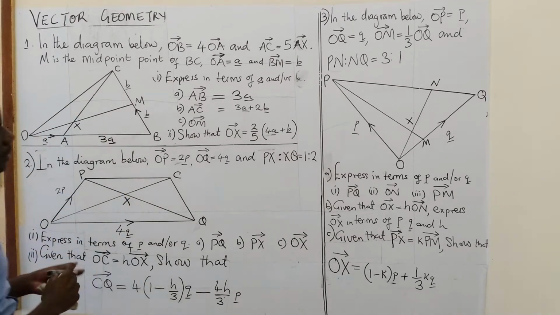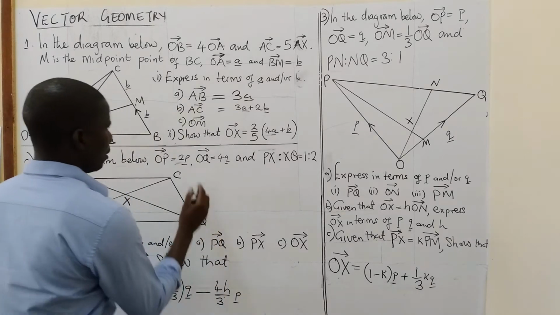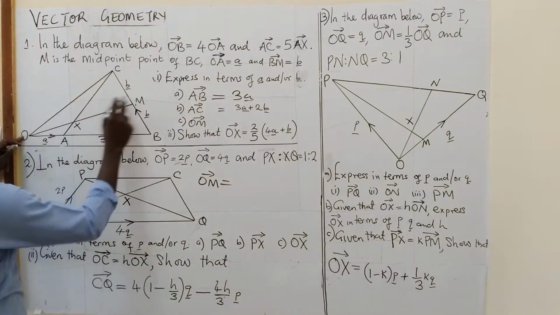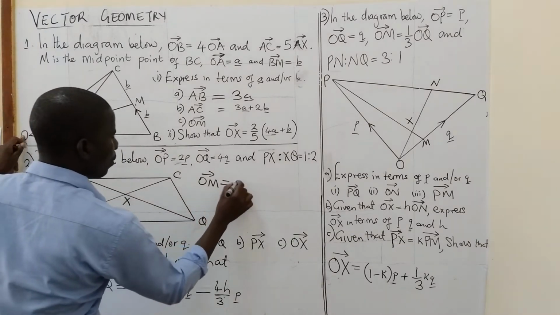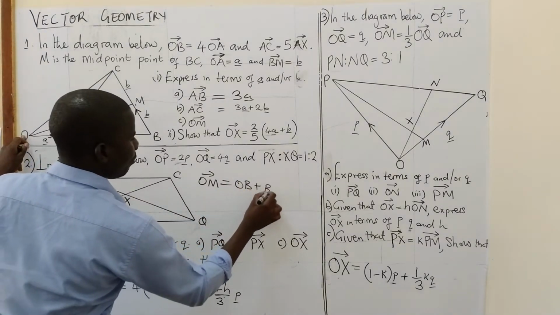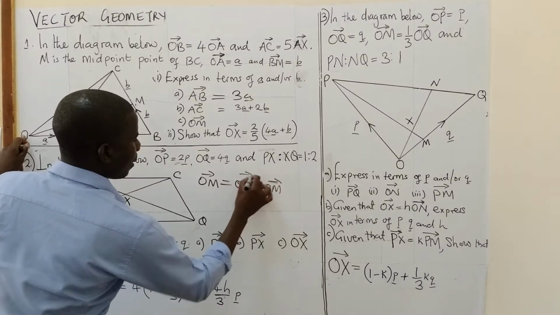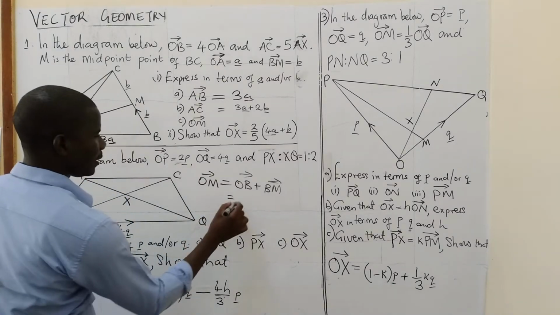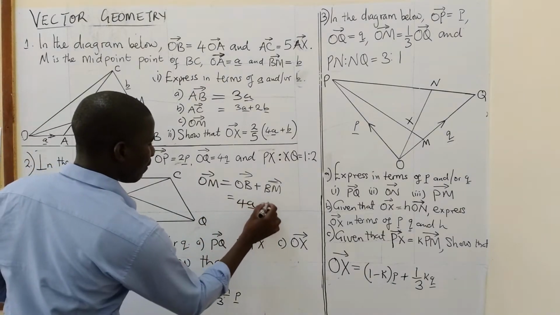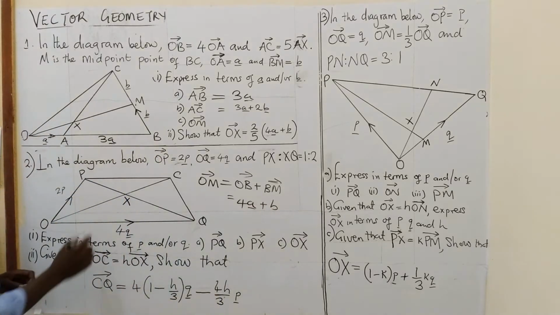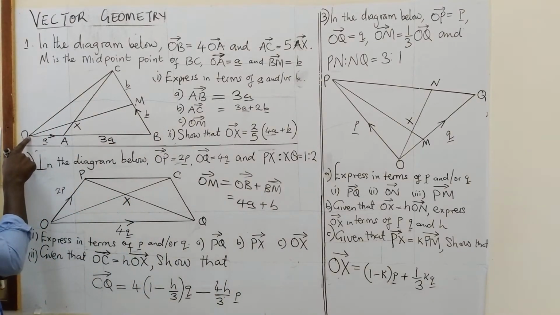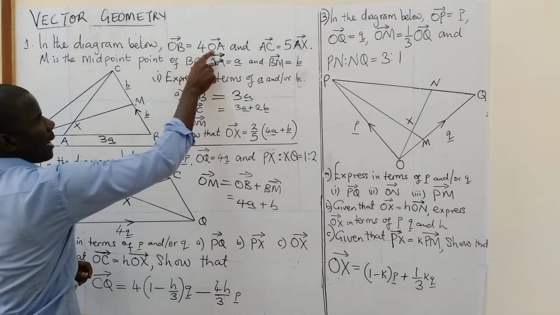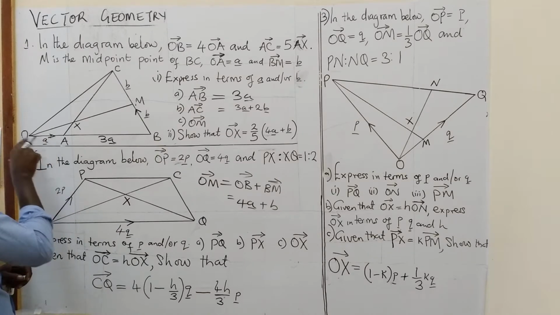OM is equal to OB plus BM. So what are we getting? From O up to B, we're told that it is 4 multiplied by OA, which is a.